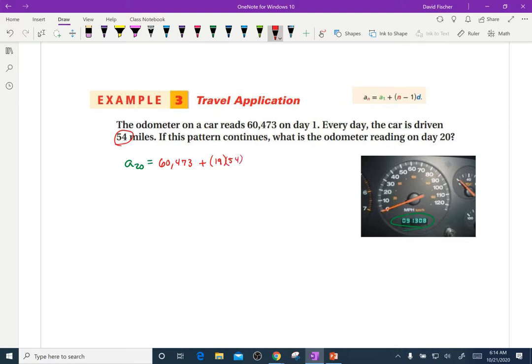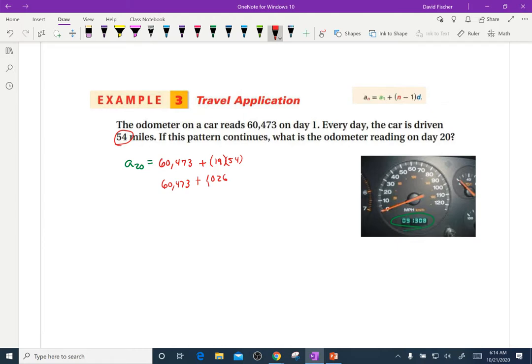So if I do 54 times 19, I get, no, that can't be right. 54 times 19, I get 1,026. Whoops. Comma goes there. So now I need to add the original.